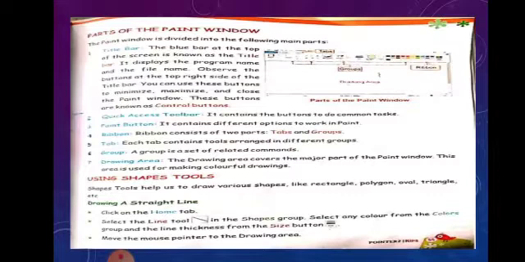Okay, these three buttons are known as control buttons. You can minimize the Paint screen, you can maximize the Paint screen, as well as you can close the Paint window.